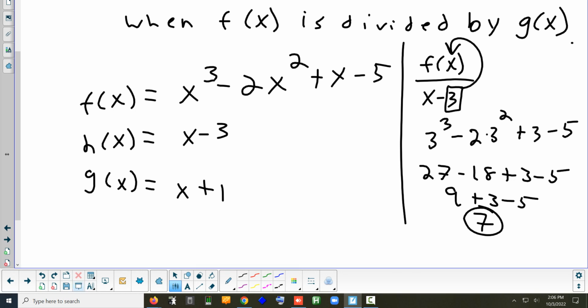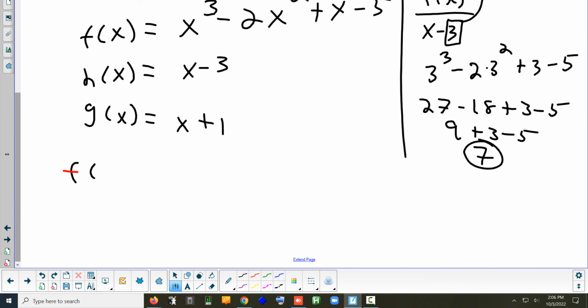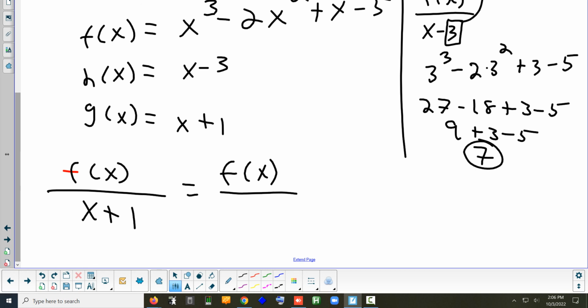All right, and let's do f of x divided by g of x. This time, how do you want to think of the bottom so that it's x minus something? Yep, so it's x minus, and now think of the number after the minus sign, negative 1.